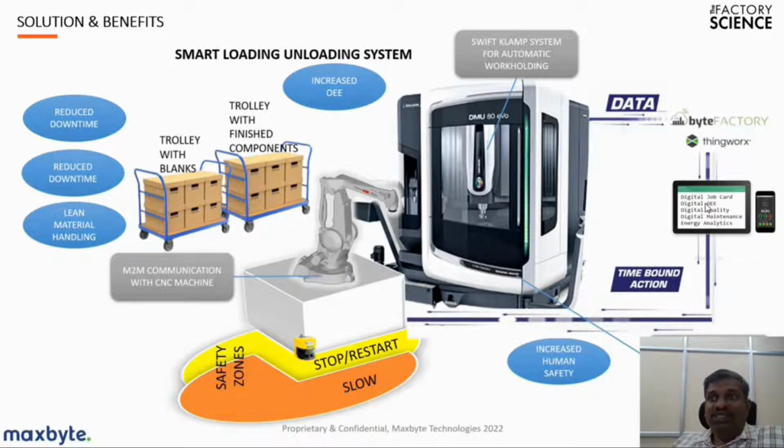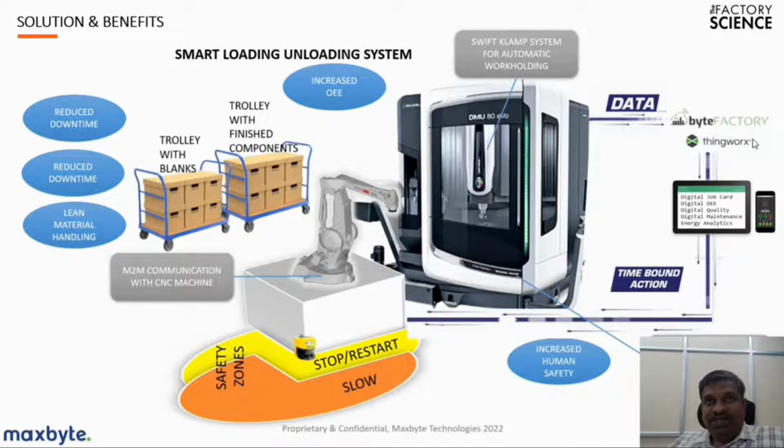all the digitally managed job cards will automatically send a command to this robot to produce more components. And actually these commands are from a centrally managed ByteFactory system, where the actual production is compared with the target production.